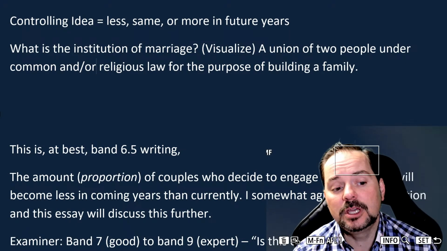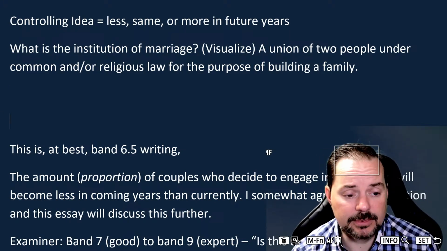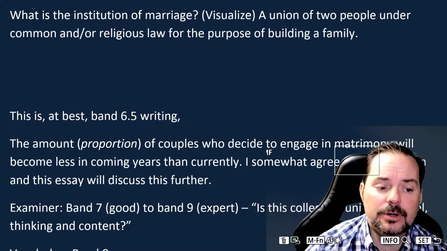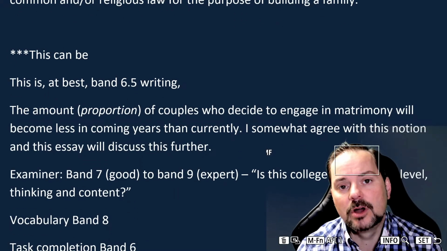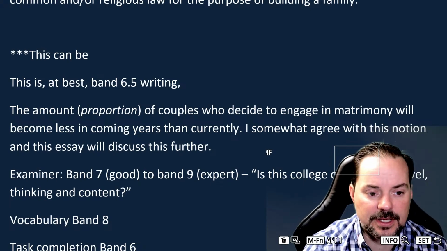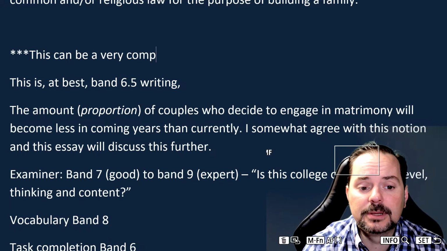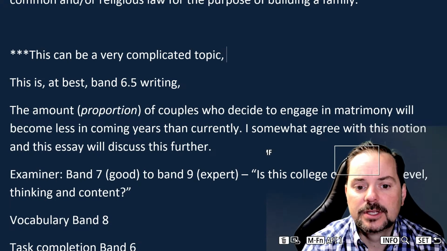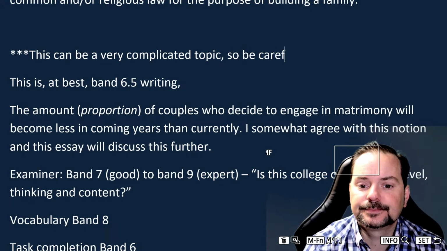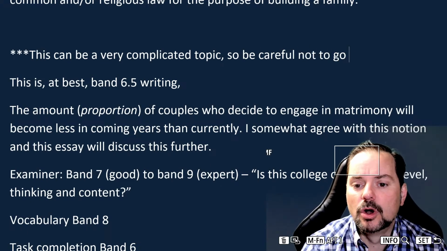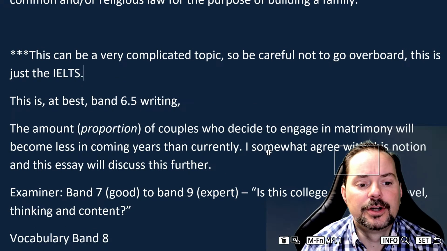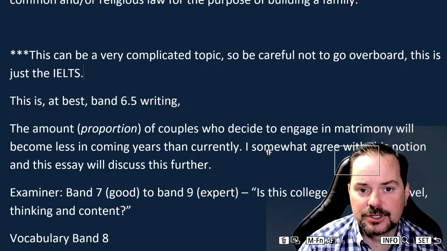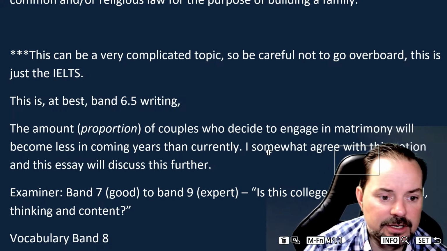Now, students, do keep in mind as you get into this topic, because some of you might have a lot of information about marriage. So this can be, and not just this, but obviously some topics on the IELTS, this can be a very complicated topic. So be careful not to go overboard. This is just the IELTS. Okay, you are not writing an essay for sociology masters in university.